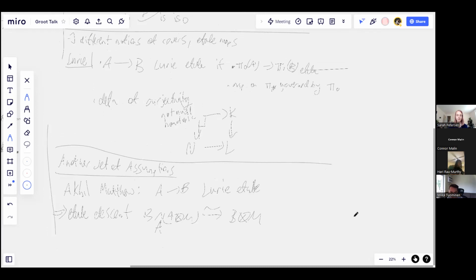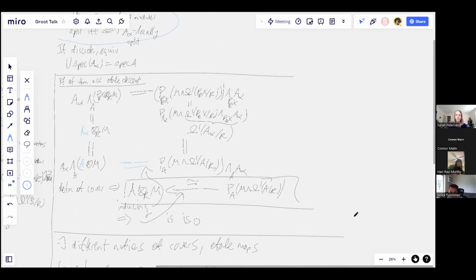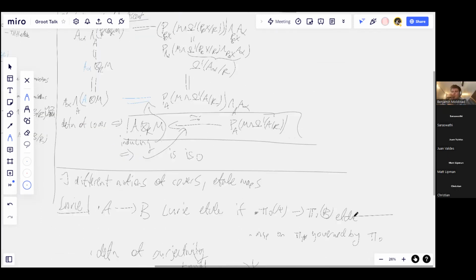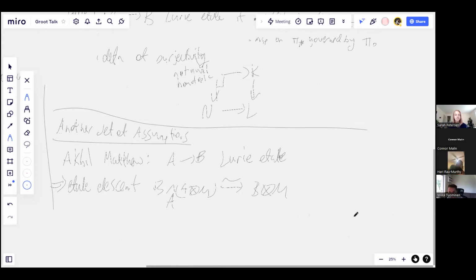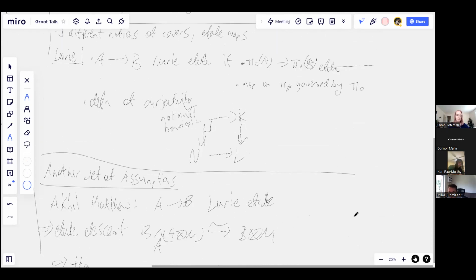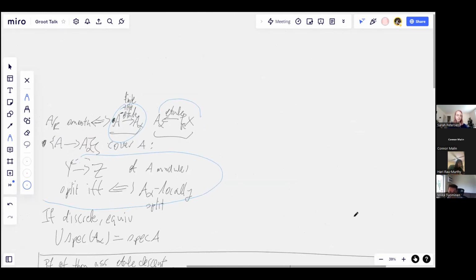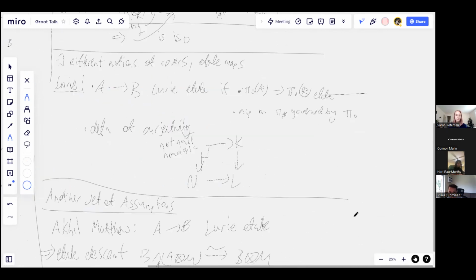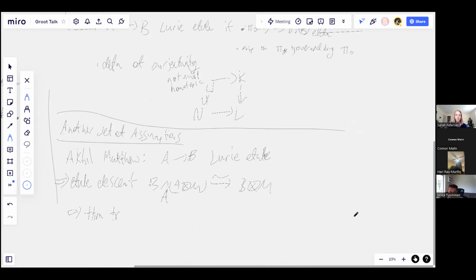So there are no completion issues. And as we saw over here, if we know étale descent, then the theorem is pretty much automatic. So this implies the theorem in that setting. If my maps that define smoothness over here are just étale in the sense of Lurie, then my theorem is true.